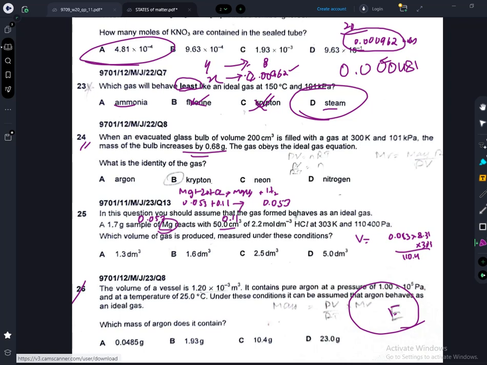Multiplying 0.053 by 8.31 into 303 divided by 110.4 gives 1.208 decimeter cube, which is A in our chemistry paper.